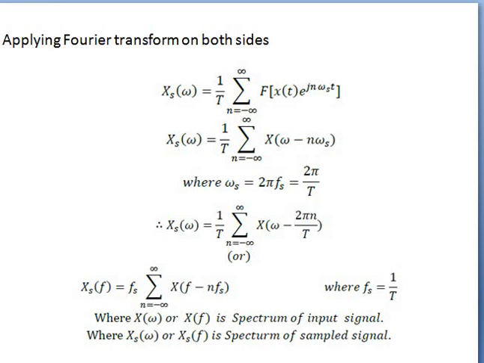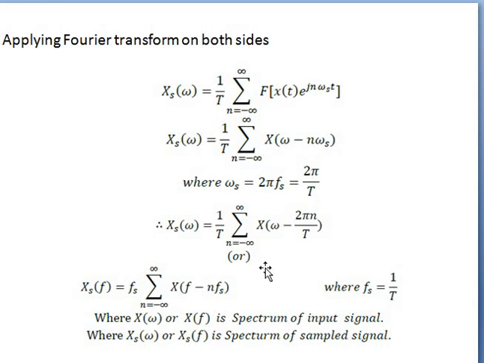Applying the Fourier transform on both sides of the sampled signal, we get xs of omega equal to 1 by T summation n equal to minus infinity to infinity Fourier transform of x of t e power j n omega s t. So the Fourier transform gives 1 by T summation n equal to minus infinity to infinity x of omega minus n into omega s.